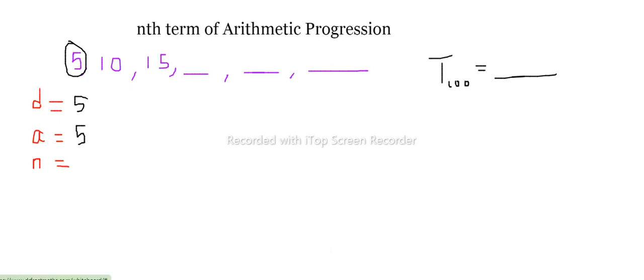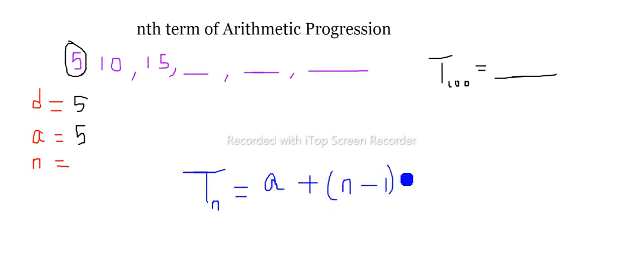The nth term of an AP is simply the first term plus n minus 1 multiplied by the common difference. Just take note of this formula. I don't want to go into the details of how we arrive at this. So if we want to find the nth term of an AP, we use this expression.